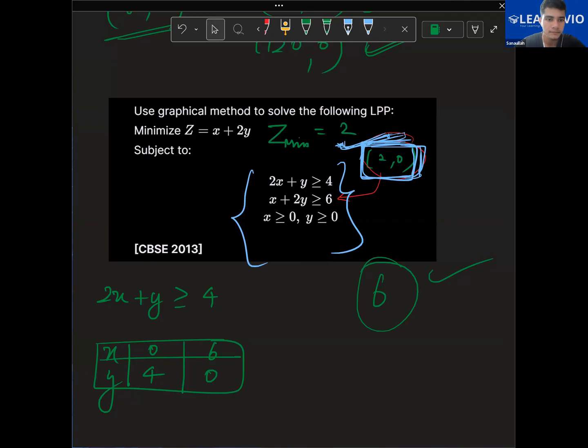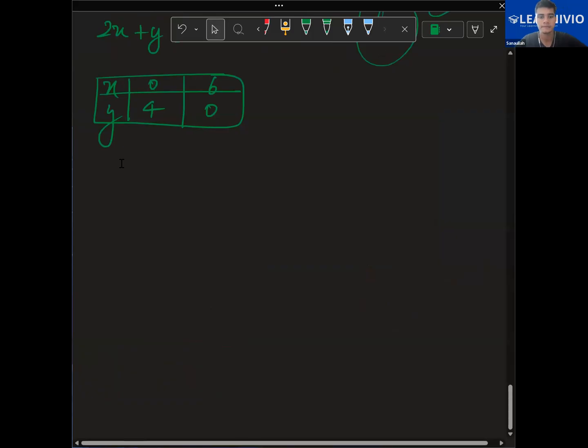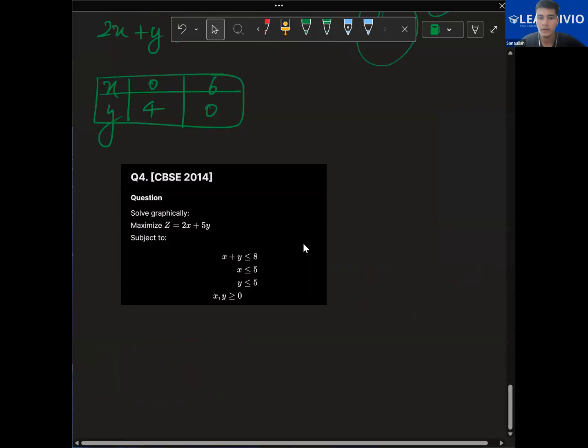लेट्स डू वन मोर क्वेश्चन. Okay, now do this one.